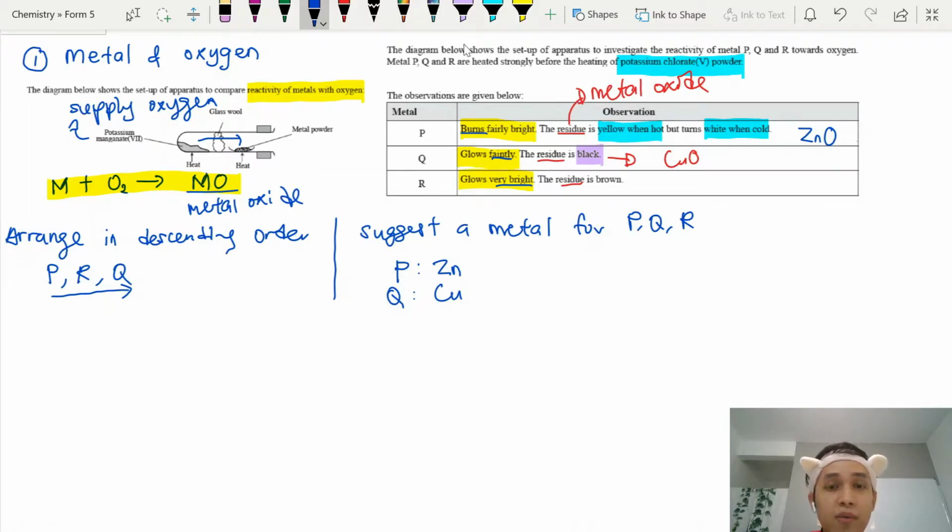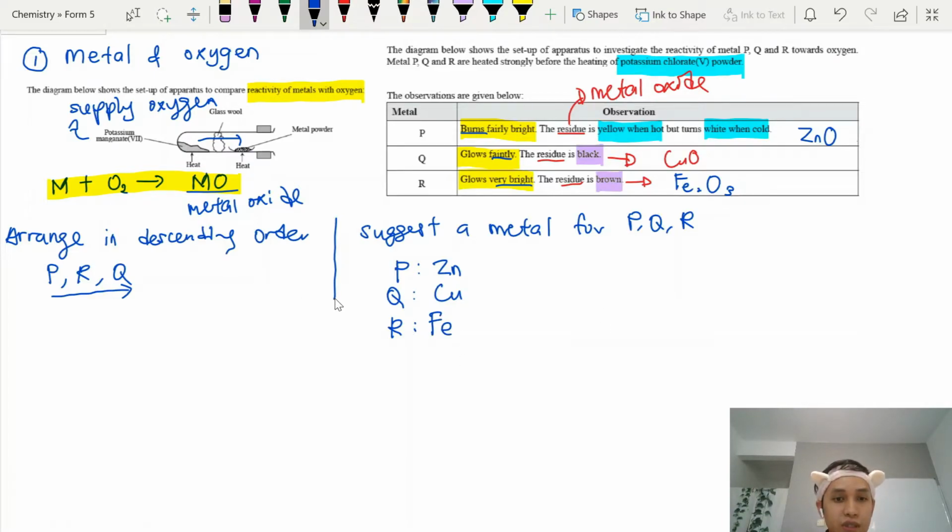One of the oxides where the residue is brown is your iron(III) oxide, meaning your Fe2O3. So your R is Fe.